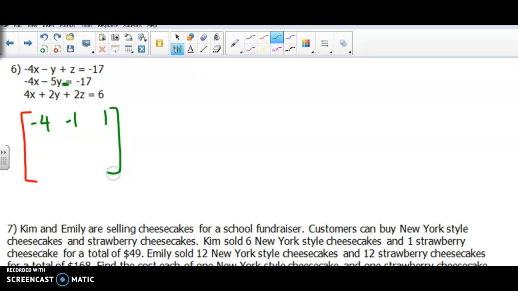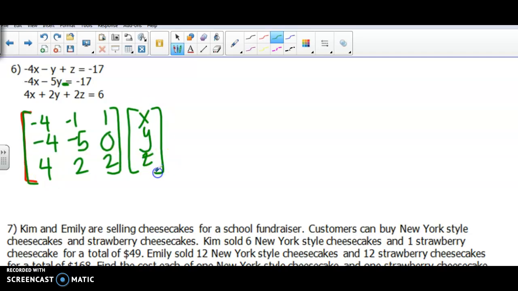The biggest mistake that people make is forgetting their positive and negative signs on the ones, or that they accidentally put in zeros instead of ones. So we have a 0 there for Z. We have a 4, a 2, a 2, X, Y, Z, and then equals negative 17, negative 17, and 6.